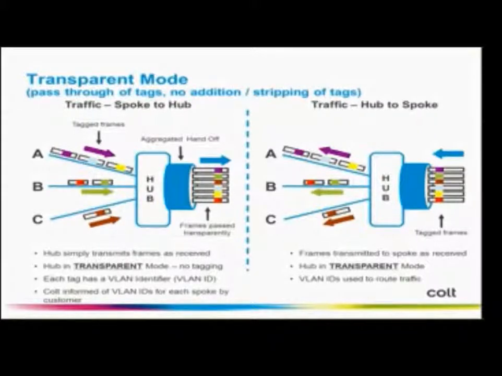As an example, the customer tells us for branch A, I need VLAN 107, 109, and 207, and we will configure that. And as soon as we see this tagging, we'll send the traffic to this site, and we will let the tagging in.